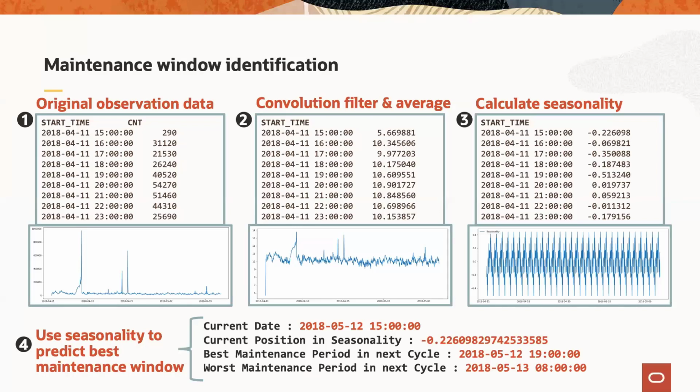The one we finally developed was a lot more complicated with many more variables, but this gives you an idea of how to do this yourself for your own on-prem databases. You take the original data, apply a convolutional filter, average it out, apply seasonality, calculate the residual value, and then find the position in the seasonality for the best and worst maintenance periods. According to this, 8 o'clock in the morning is the worst time to run anything.